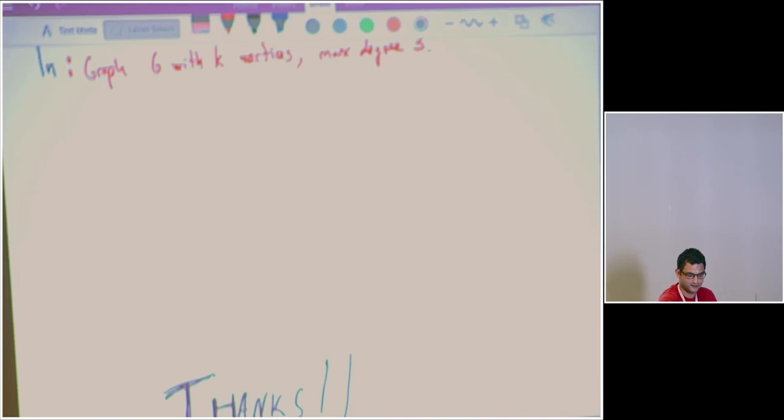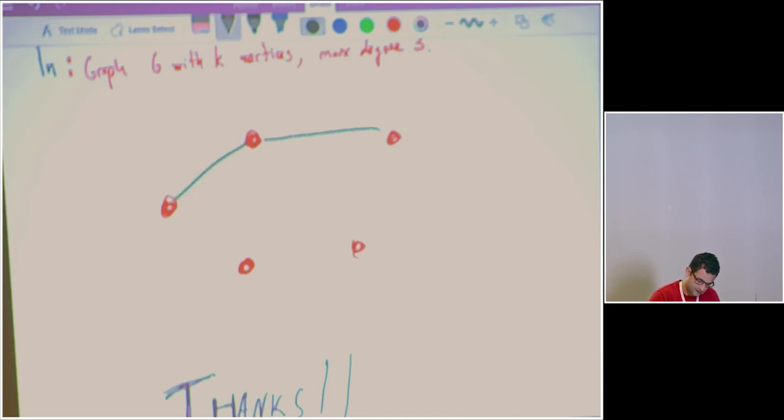Let me show you what problem I'm talking about. So consider the following problem. I give you a graph G. So this is my input. The input is a graph G with k vertices, and every vertex corresponds to a variable.